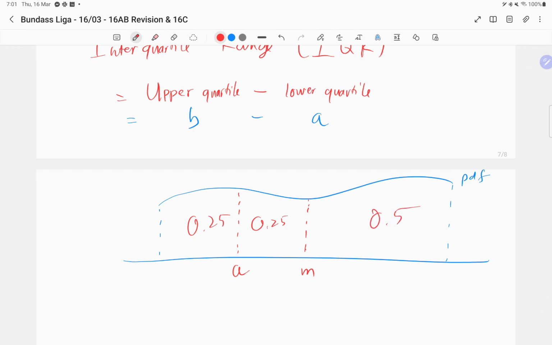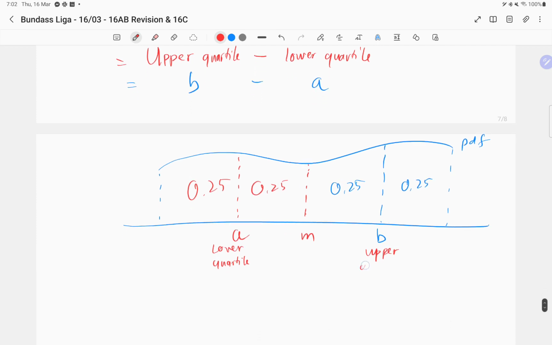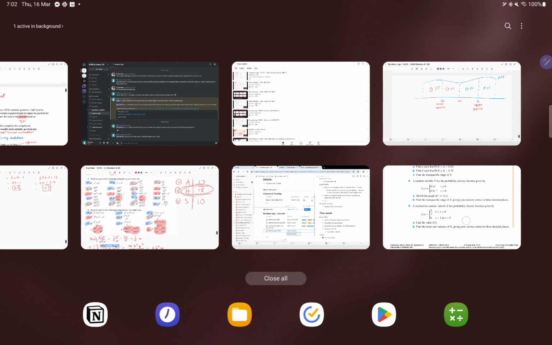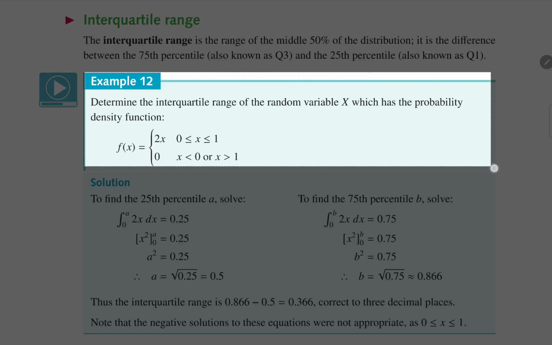So right now, this big one is 0.5, but if I chop that in half again, the value B, that means this is 0.25, 0.25. This is the lower quartile, a value that 25% of the population will be lower than, and then the other is the upper quartile, where 75% of the population is lower than that. Does it make sense? Now that you guys have hopefully understood the main concepts, let's look at this one here, interquartile range.